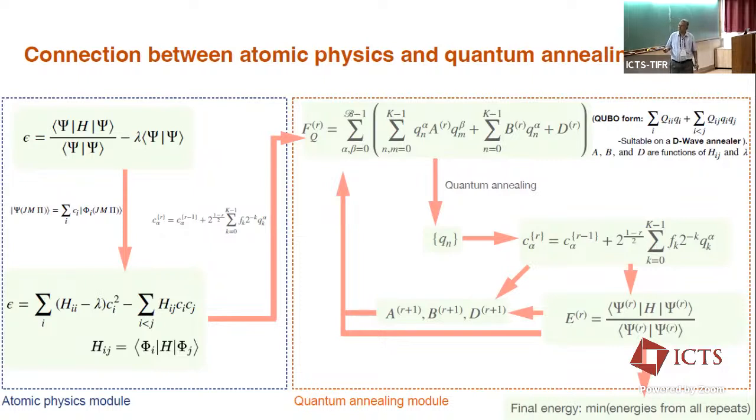So we have to find a way of changing the decimal numbers to binary numbers, and that is done through this. So this coefficient C is done iteratively. At the rth iteration or repetition, we have something like this, you see. So Q here is only 0 or 1. So these coefficient C's can be expressed in terms of binary numbers, 0 or 1, through this expression.